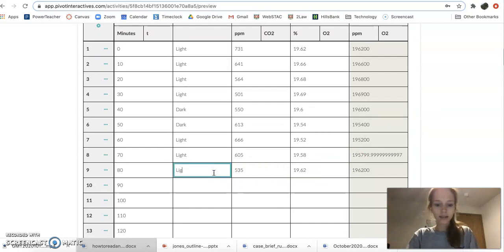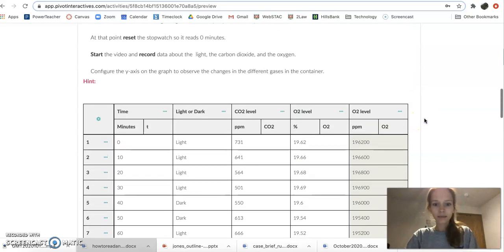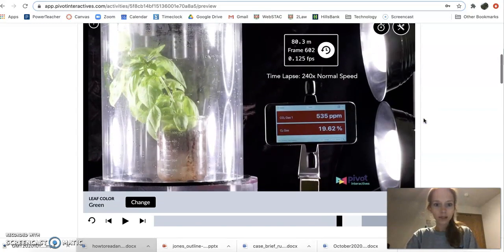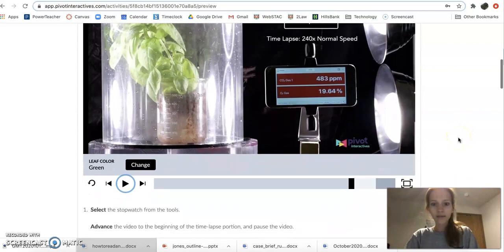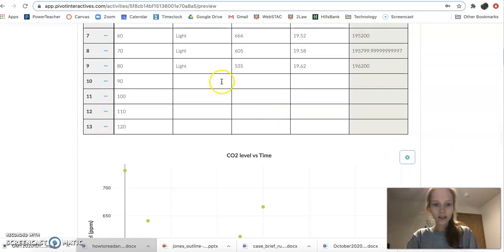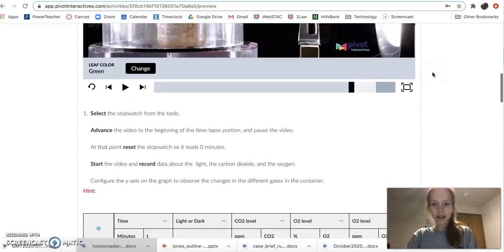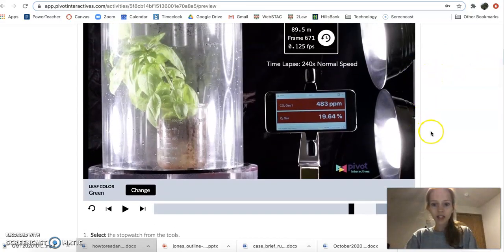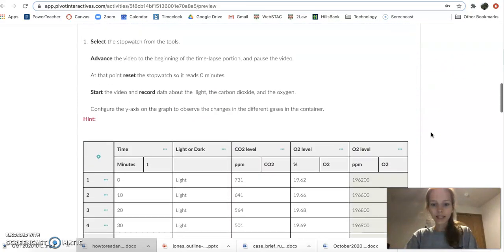And it's still light. Ten more minutes. All right, close enough. At 90, it's still light. 483 is my carbon dioxide level, and my oxygen percentage is 19.64.